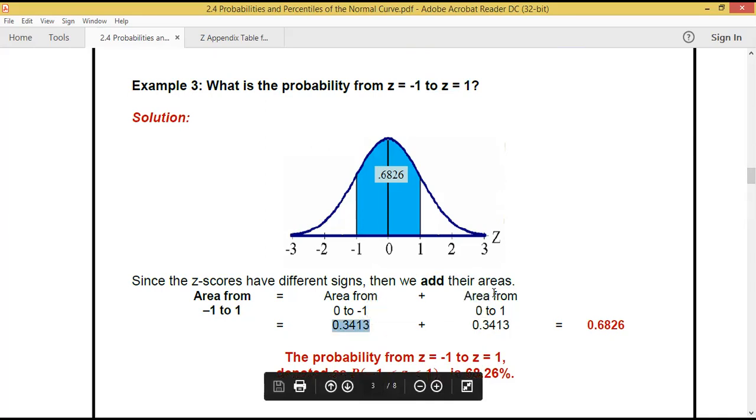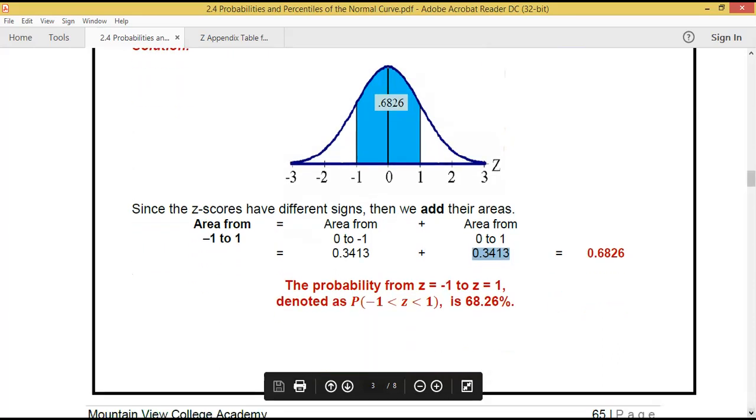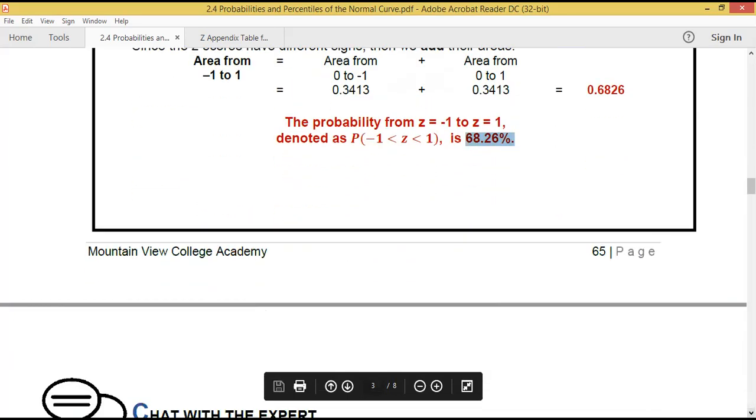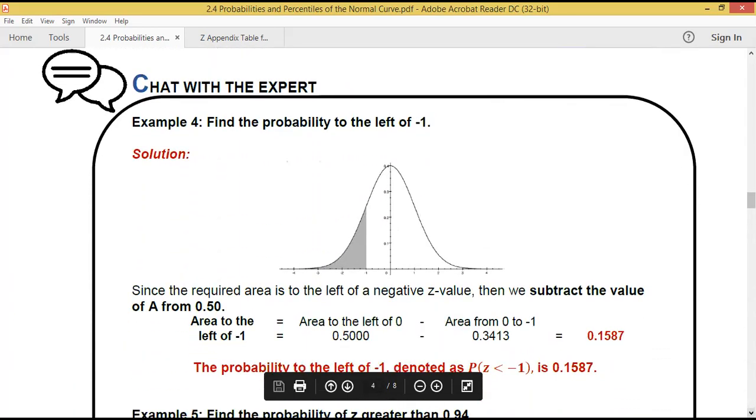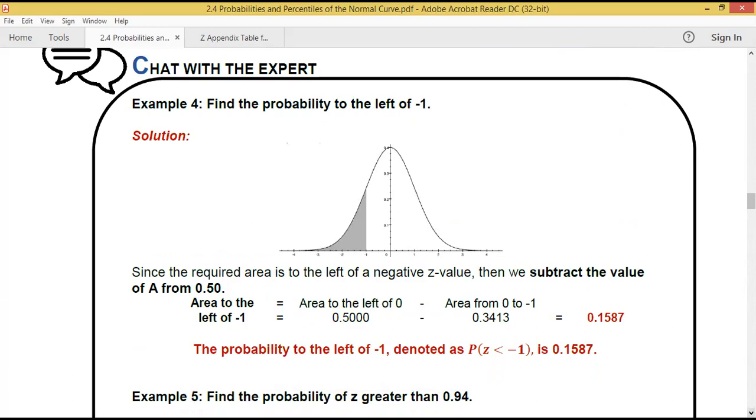The area from 0 to positive 1 is 0.3413. We add them, the answer is 0.6826. Converting it into a percentage, we have 68.26%.